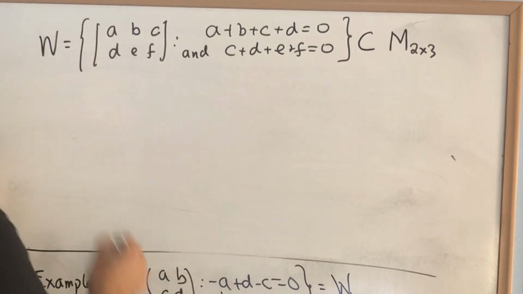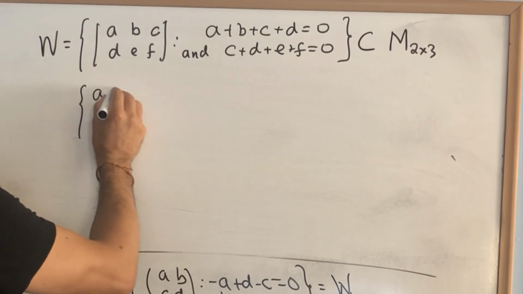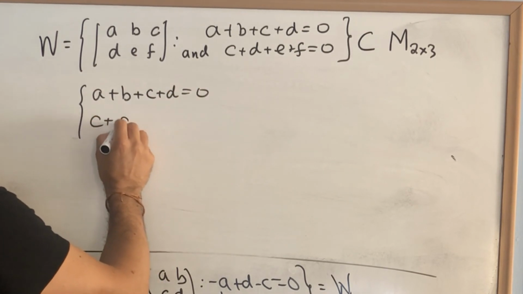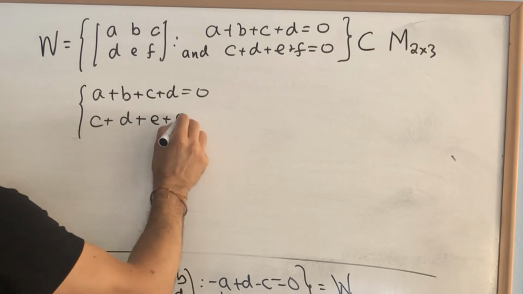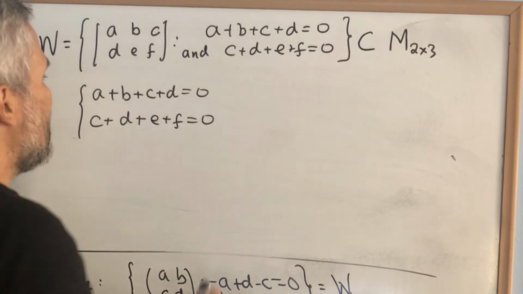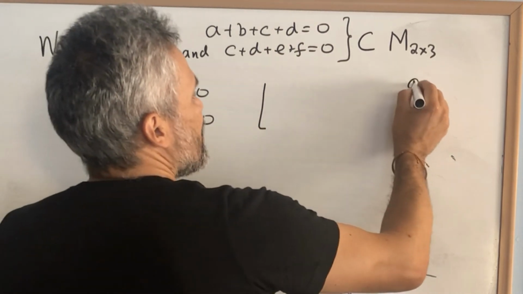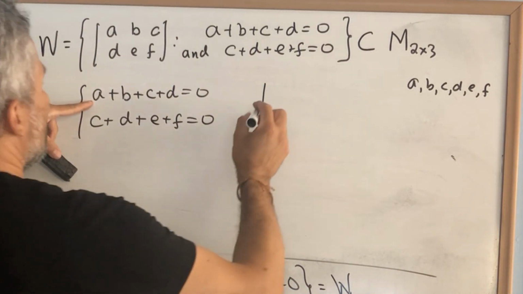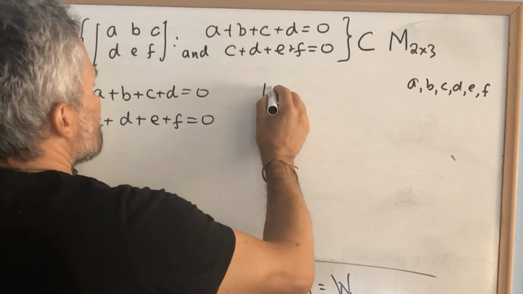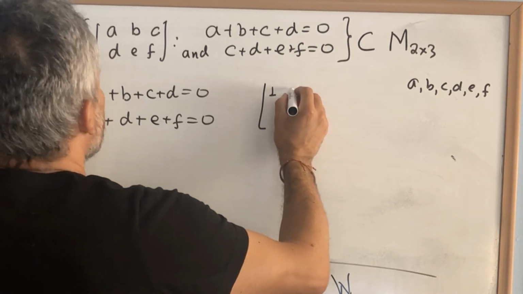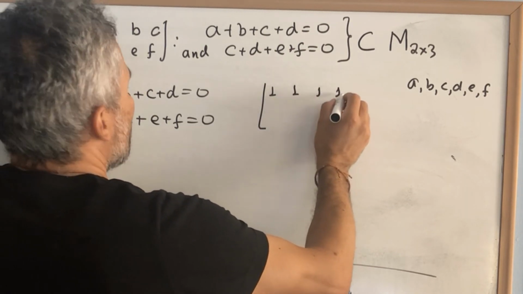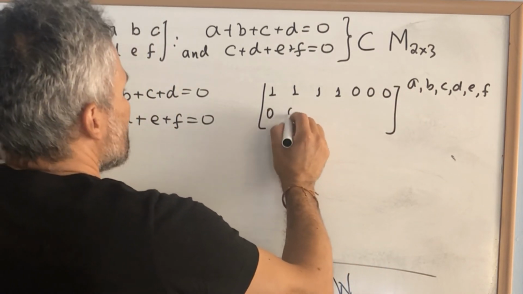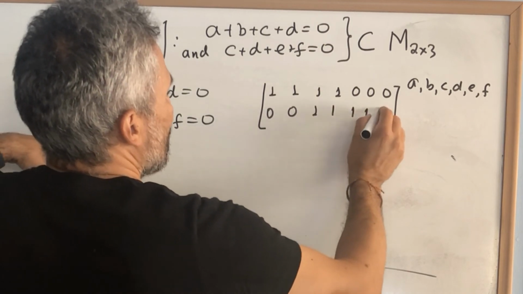What can I do? We can solve the system of equations: A plus B plus C plus D equals 0, and C plus D plus E plus F equals 0. Notice that the variables are A, B, C, D, E, and F. Then the augmented matrix of this system is 1, 1, 1, 1, 0, 0, 0 and 0, 0, 1, 1, 1, 1, 0.